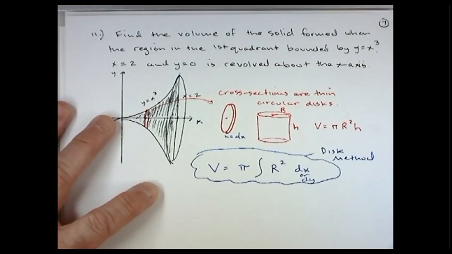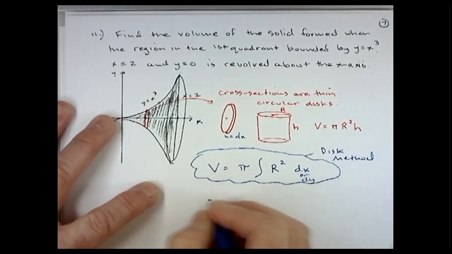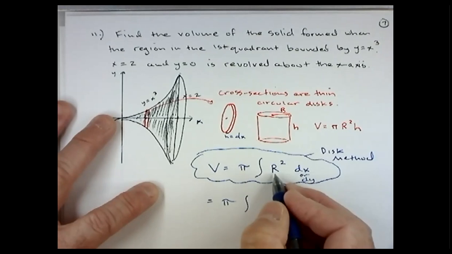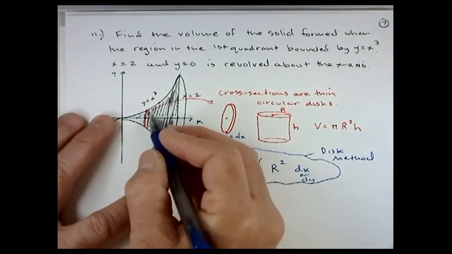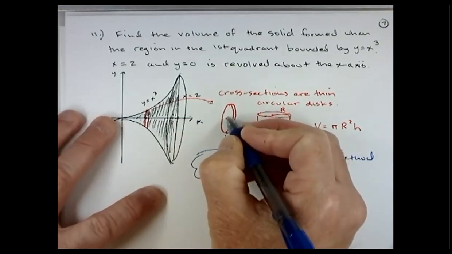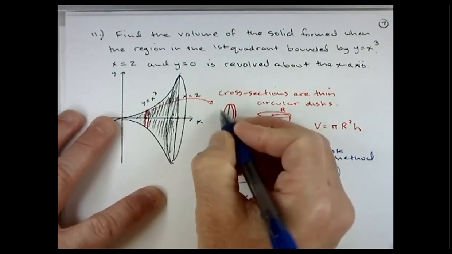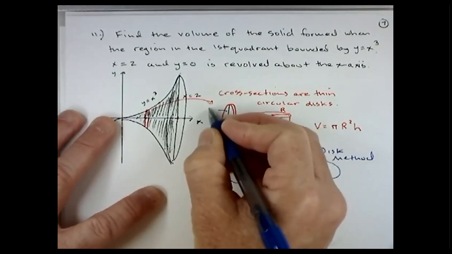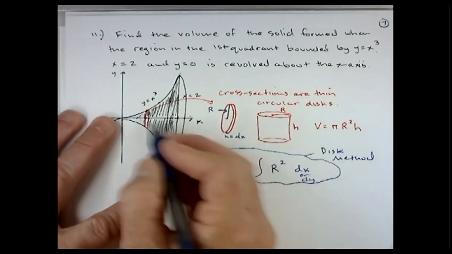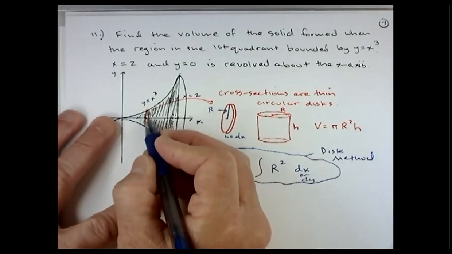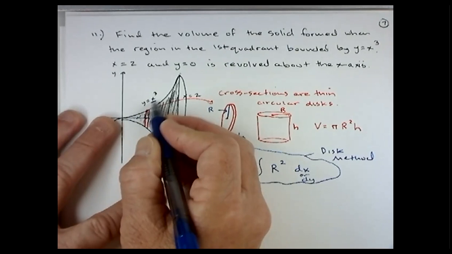Now, what I need to finish this off is just a formula for the radius. The radius of any one of these disks, this distance right here, is my radius. But back on my picture, that's just the distance from the x-axis to y equals x cubed.